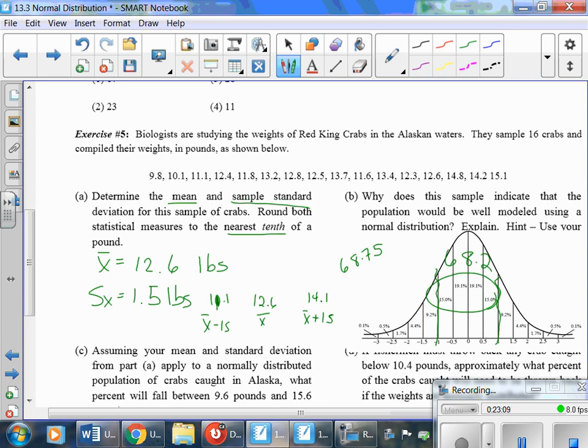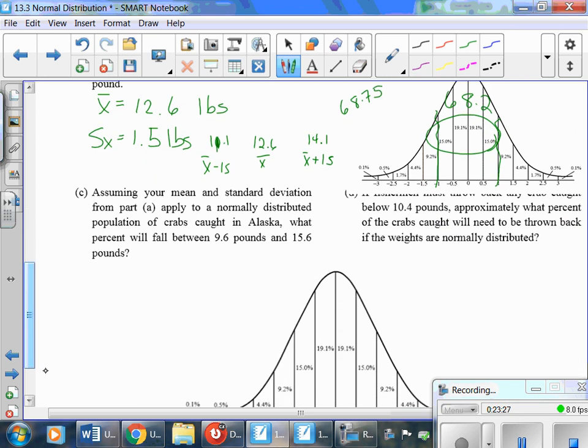C says, assuming your mean and standard deviation for part A apply to a normally distributed population of crabs caught in Alaska, what percent will fall between 9.6 and 15.5 pounds? All right, well, here I would probably do the same thing I've been doing, and it kind of keeps me sane.